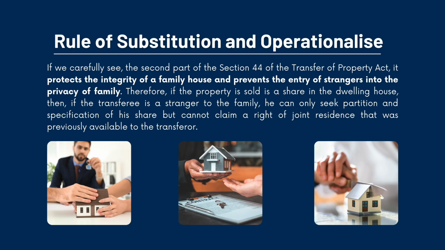Therefore, if the property sold is a share of a dwelling house, and the transferee is a stranger to the family, he can only seek partition and specification of his share, but cannot claim a right of joint residence that was previously available to the transferor. Therefore, in such a situation, the rule of substitution would not apply and the right acquired by the transferee would only be limited to enforcing a partition.